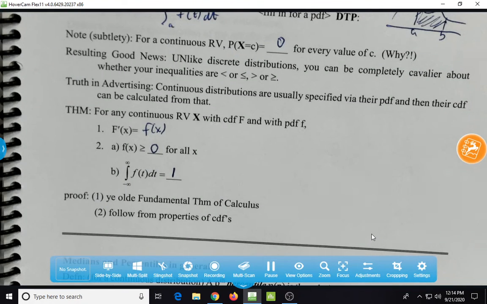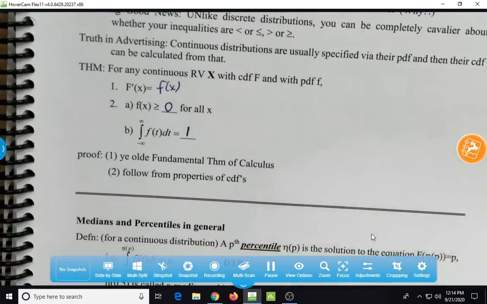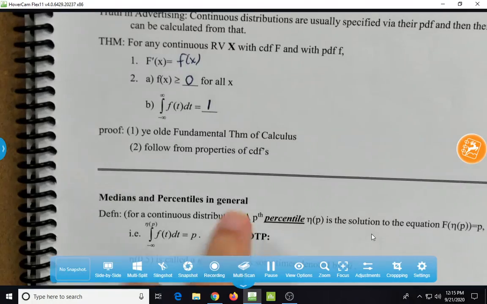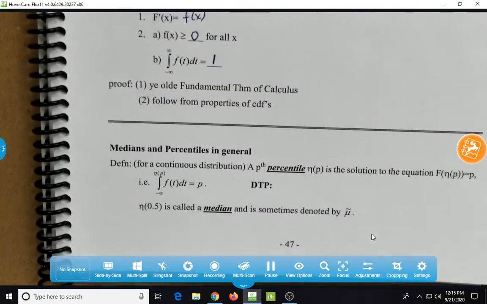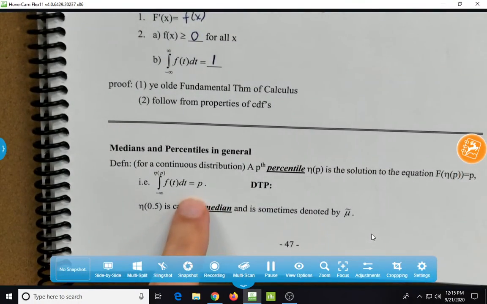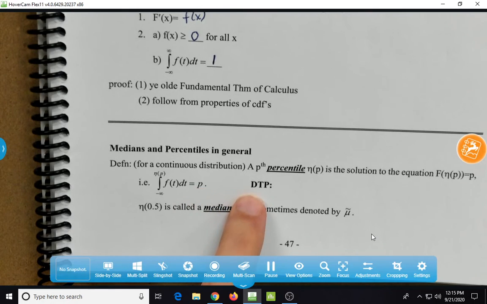And these follow from the properties of CDFs that we have from earlier. Okay, this, for some reason, should not be that difficult, but it can be.